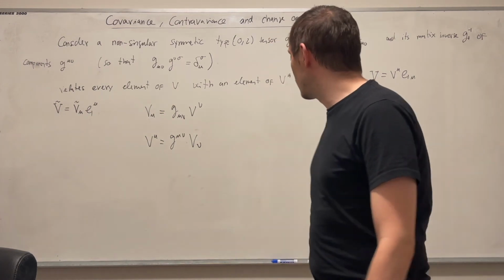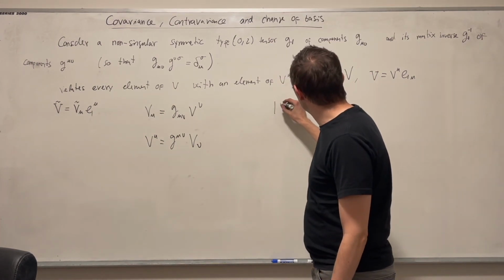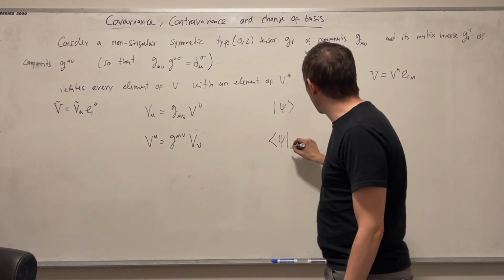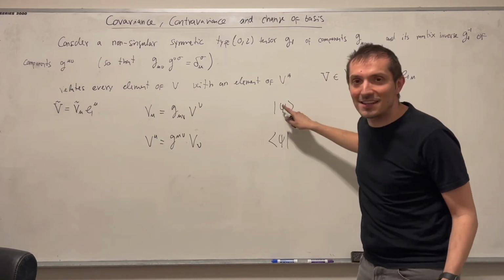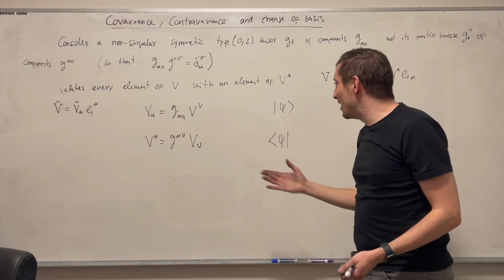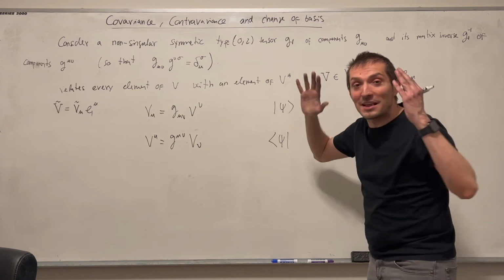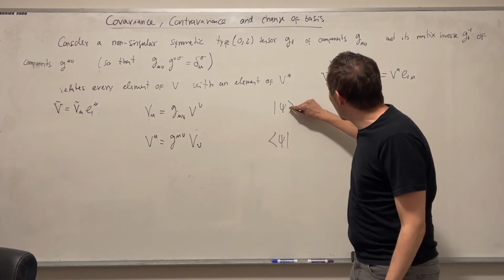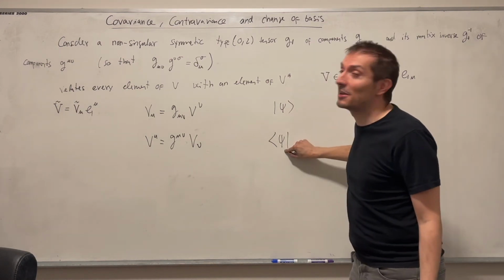It's like in quantum mechanics, where I can have the ket psi and then the bra psi. And this bra psi is not just any bra, it's the one that corresponds to this ket. How do you compute it? You take the Hermitian conjugate. That's what I'm doing here. This is something they usually don't tell you in quantum: if there's no metric, I have no way to build a bra psi for every ket psi.